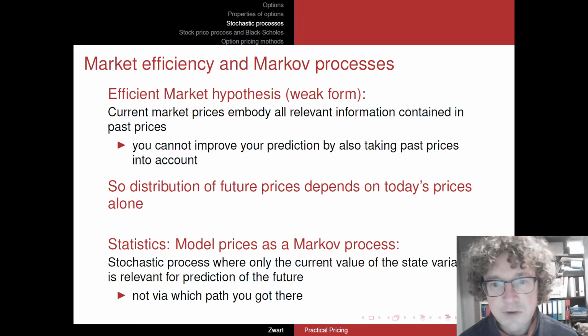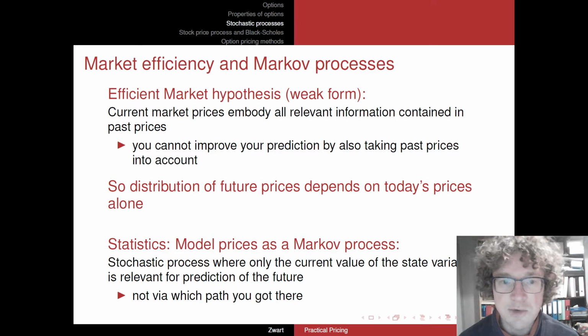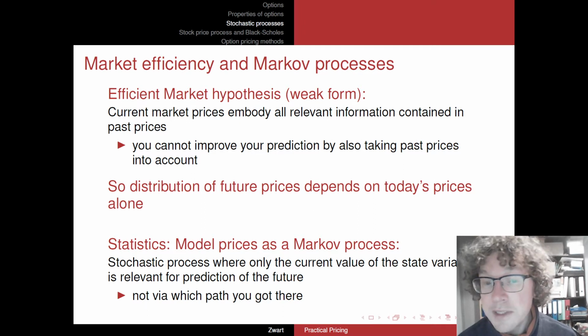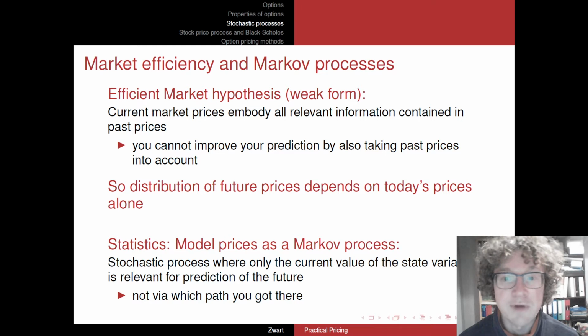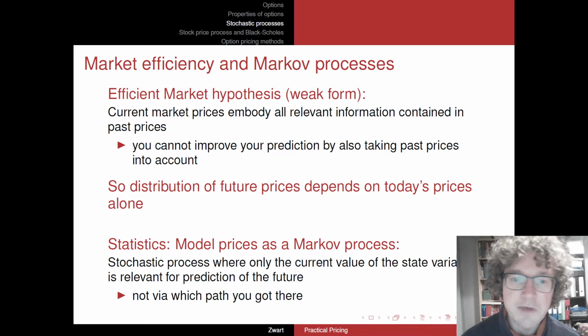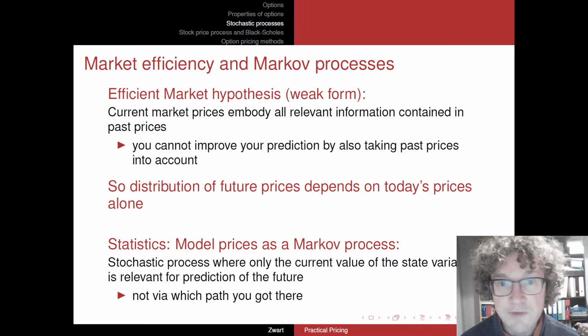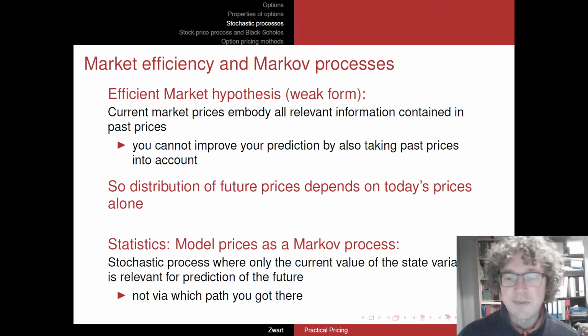A Markov process is a stochastic process, an uncertain process through time essentially, where only the current value of the variable, of the thing that you're interested in, so a stock price, is relevant for the prediction of what the future might be. So what the probability distribution of future values of this variable might be. It doesn't depend on how you got there, it only depends on where you are, what the next step in this process will be.